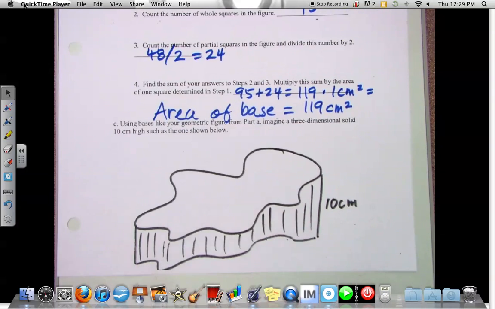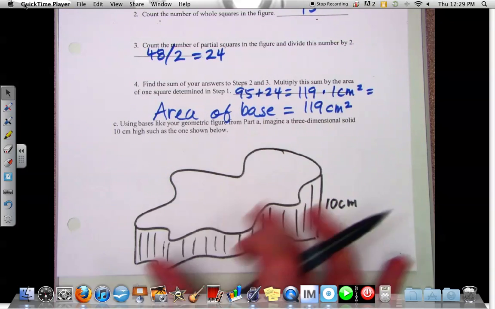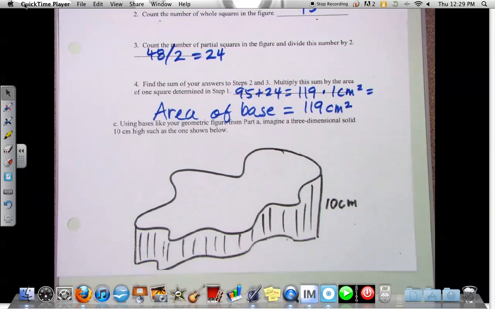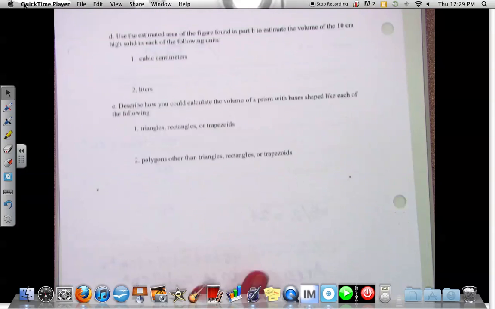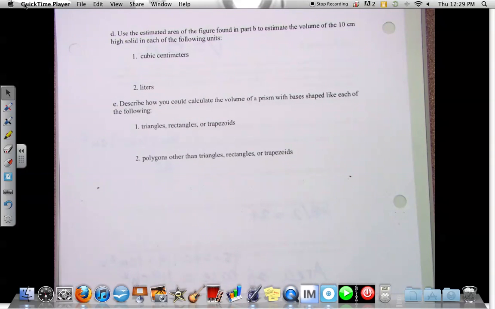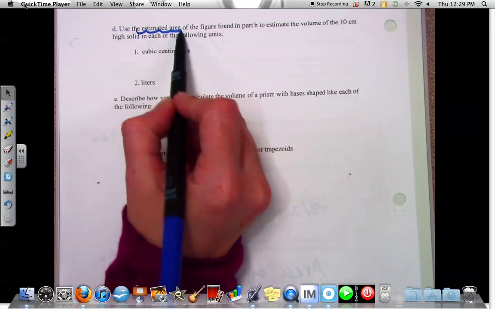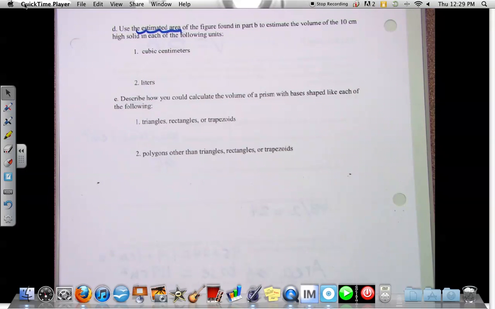So, using bases like your geometric figure from part A, imagine a three-dimensional solid 10 centimeters high, such as the one shown below. So, we found the area of the base, and it's 10 centimeters tall. Use the estimated area of the figure found in part B to estimate the volume of the 10 centimeter high solid in each of the following units.